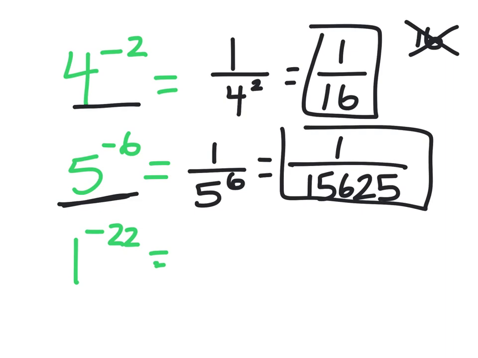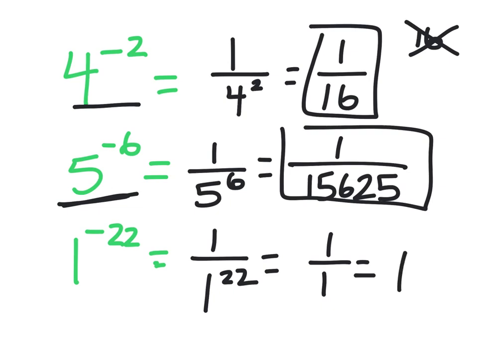Well, 1 to a power is kind of boring, because what's 1 to any power? 1 times 1 times 1 times 1. Even if I put it in the denominator, it's 1 over 1 to the 22nd power, which is 1 over 1, which is 1. So anything, basically 1 to a power, is going to be 1. I'm going to leave it at that for now.